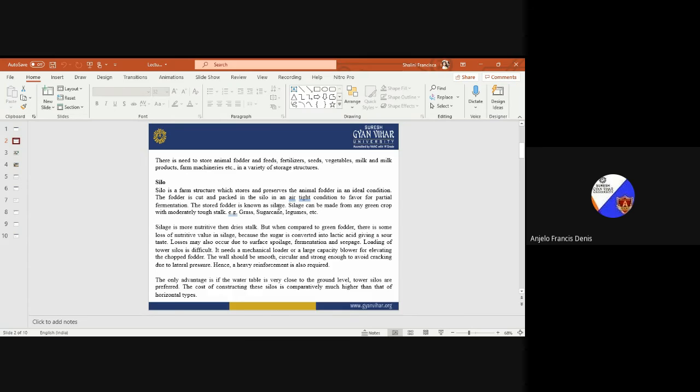It needs a mechanical loader or a large capacity blower for elevating the fodder. The wall should be smooth, circular and strong enough to avoid cracking due to lateral pressure. Hence heavy reinforcement is also required during construction of tower silos or any type of silos.